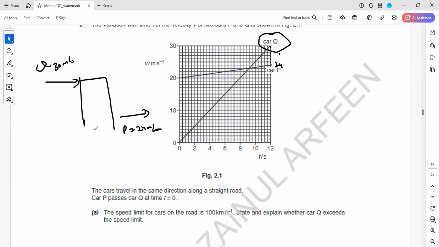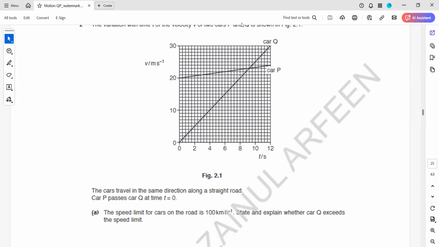So what we do is use the distance which we calculated between the two cars. Say the distance between the two cars is 60 meters, for example, and the difference in speed, as they're traveling in the same direction, gives a relative speed of 6 meters per second for Q. Let's take a practical example.